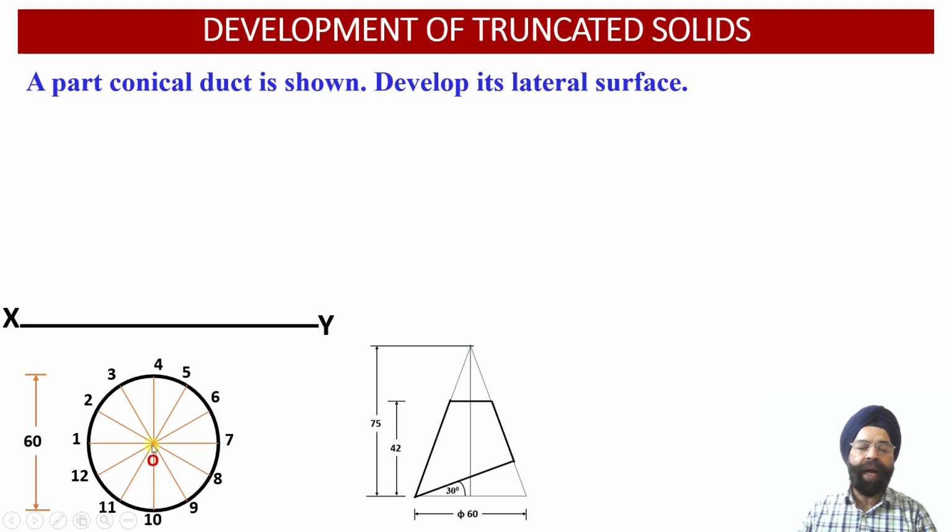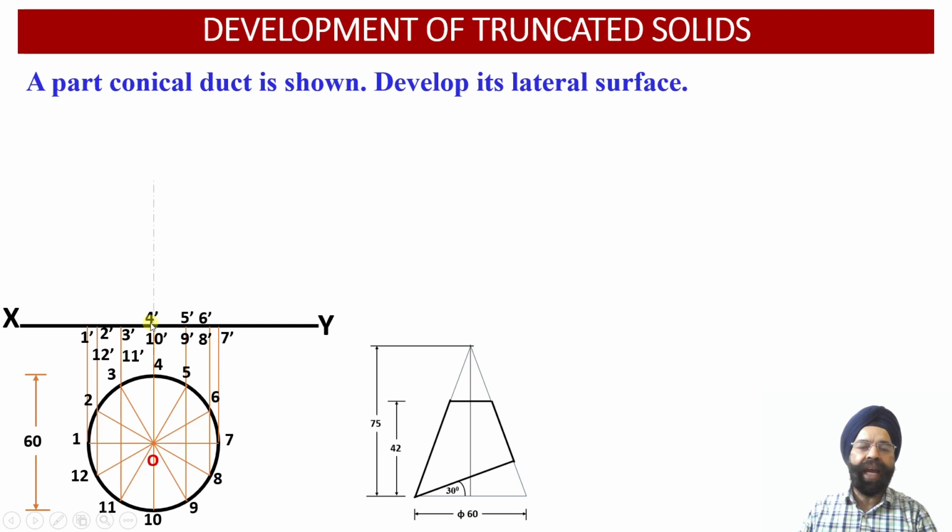Now we have also marked the apex point, that is point O over here. Having obtained the top view projections corresponding to this conical duct, now we need to obtain the front view projections corresponding to this truncated cone. So the 12 points of the base have been projected onto the XY reference line into the elevation view over here.